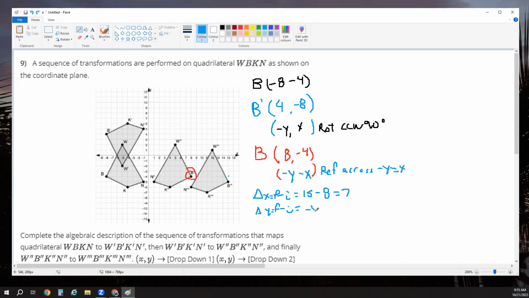Final is -5 minus -4. -5 plus 4 equals -1. So this is going to be x plus 7 comma y minus 1.